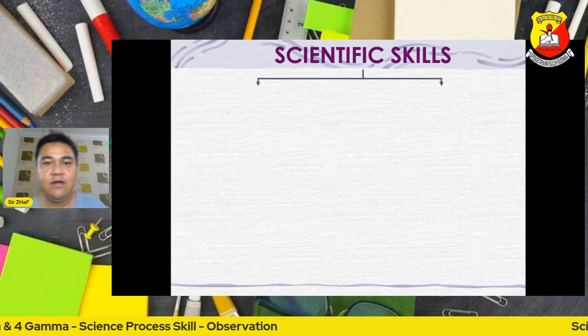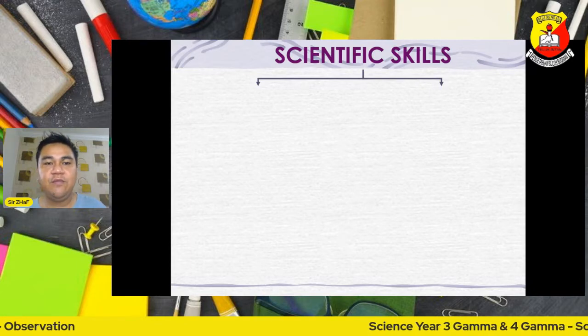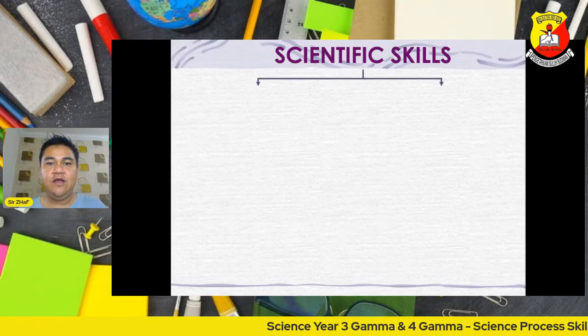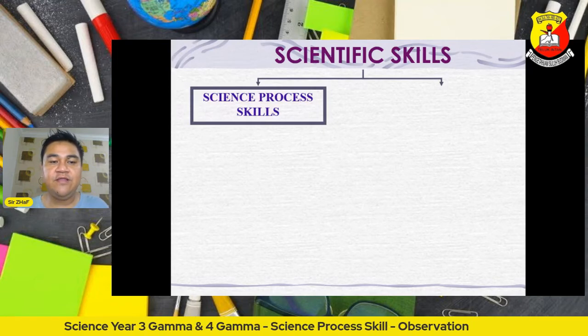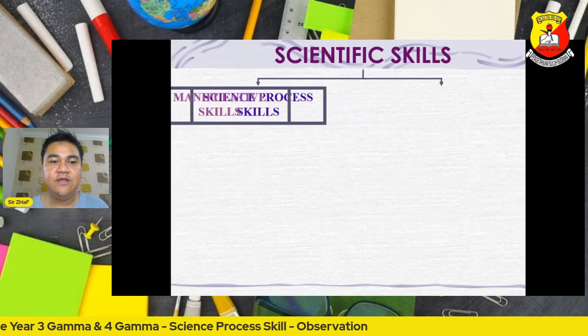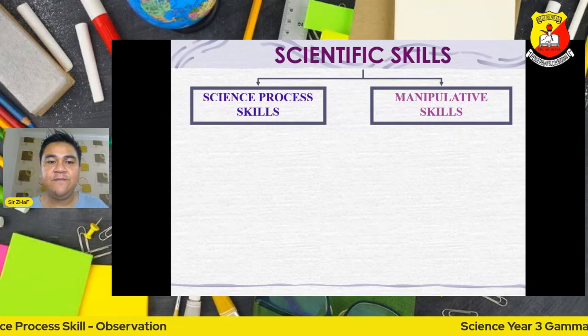Class, from year 1 to year 6, you will be learning about scientific skills. What are scientific skills? The first one is science process skills, and the second one is manipulative skills.